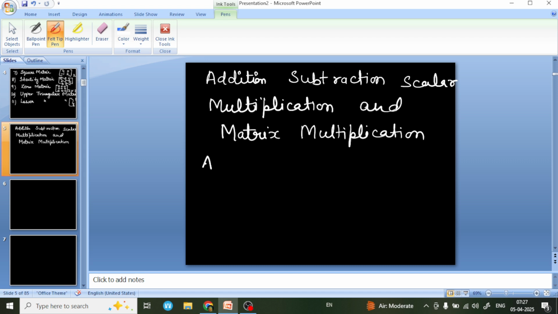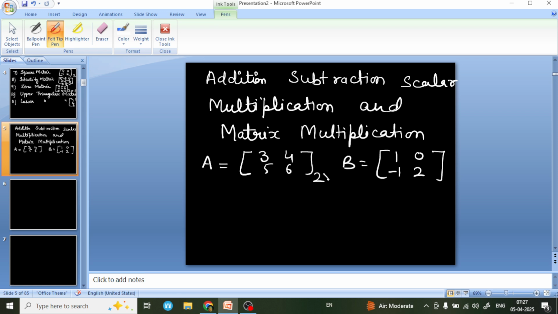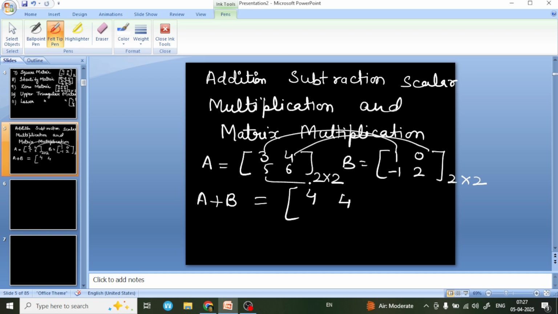For example, you are given A matrix 3, 4, 5, 6 and B matrix is given 1, 0, minus 1, 2. Both matrices have order 2 by 2. You can implement addition and subtraction on both. A plus B means 3 plus 1, 4; 4 plus 0, 4; 5 plus minus 1, 4; 6 plus 2, 8.